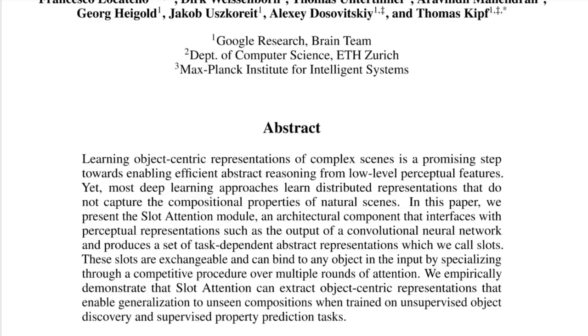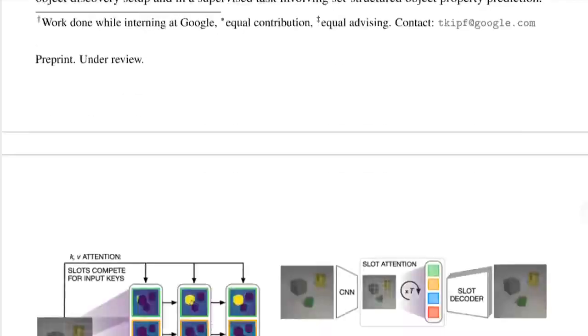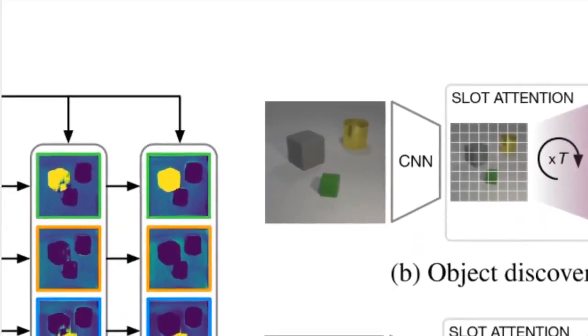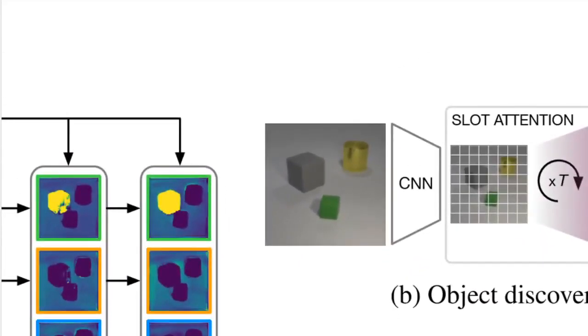All right. So the problem, I've already described the problem a little bit, but let's go a bit deeper here. You have images like this, and the images we're considering are going to be images that have some sort of arrangement of objects, or what we humans would call objects. In this case, you can see there is this gray square, this gray cube right here. There is a smaller green cube, and then there is a yellow cylinder.